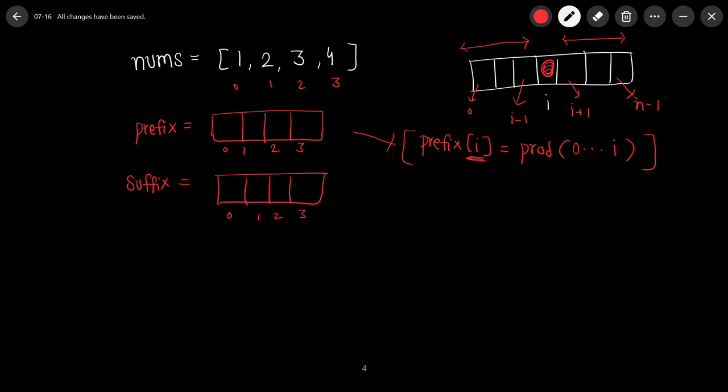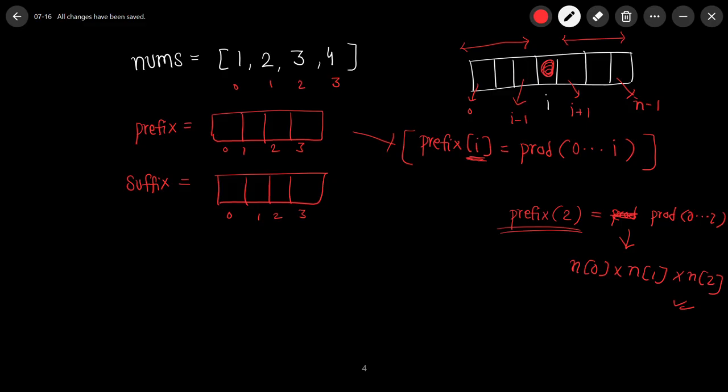So if I say prefix of 2, it means nothing but the product of all from 0 to 2. That is nums of 0 into nums of 1 into nums of 2. Simple. So this is what our prefix array will store.